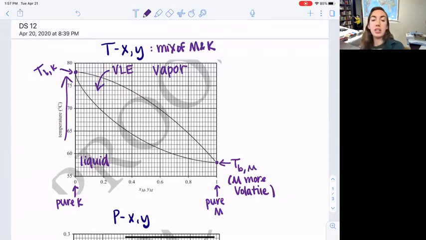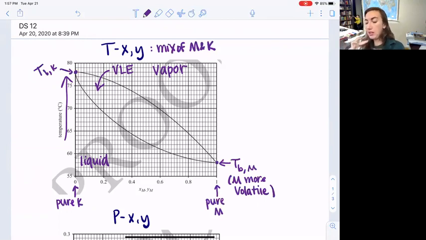We could just as easily have made this whole graph with xk and yk on the x-axis. Then we'd have pure K at xk equals 1, and pure M on the left at x equals 0, and the whole graph would just be a mirror image. But it would be exactly the same information.